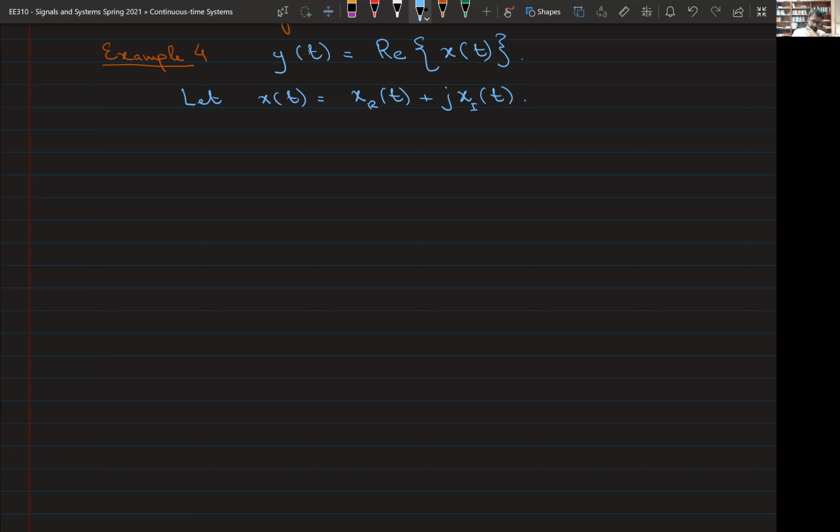Okay. And for the system to be linear, I would expect a times x of t should result in a times y of t for any complex number a.